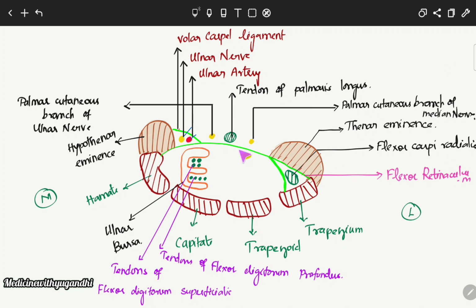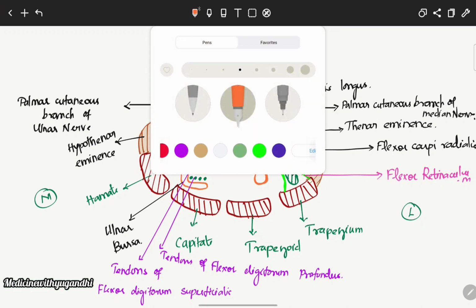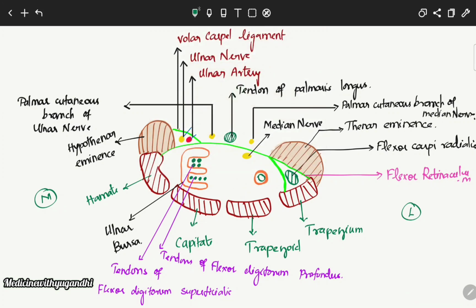This also lies deep to the flexor retinaculum. And here you could see another bursa called the radial bursa, within which lies the tendon of flexor pollicis longus.